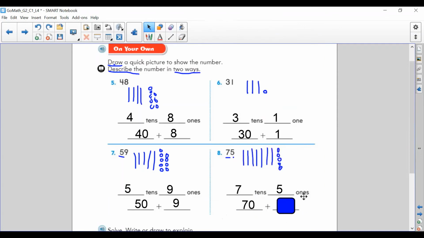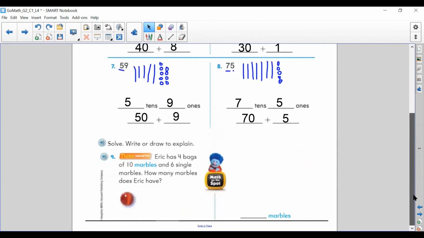And if you count the ones by ones, you have 5 ones, you will have 5. 70 plus 5 equals 75. And that sort of sounds like 75, doesn't it? 70 and 5, 75.